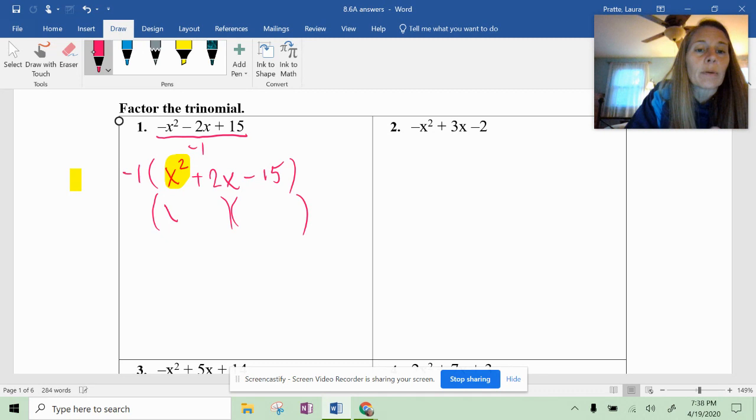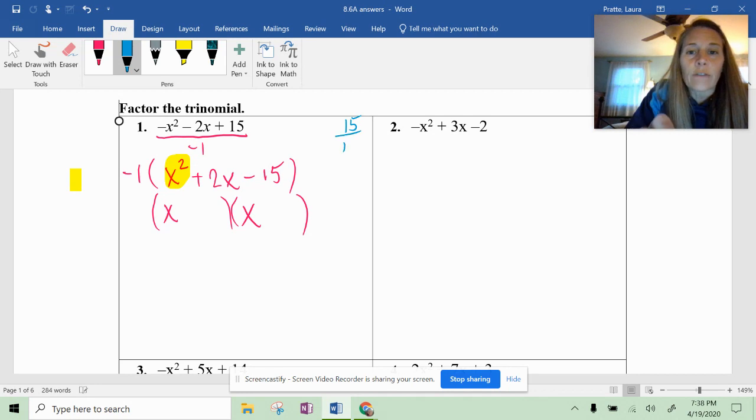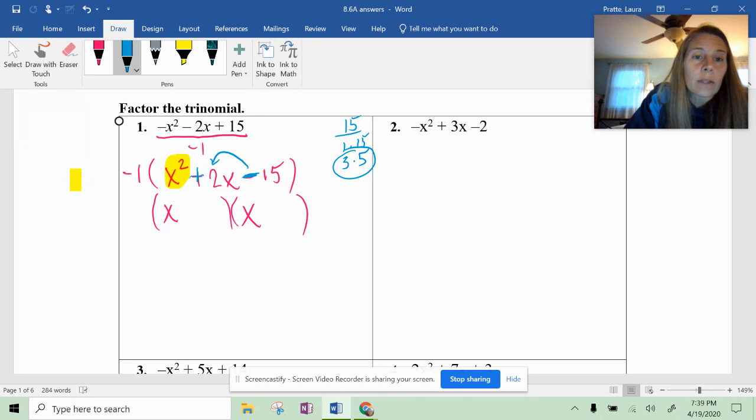So remember how we split up the x squared into x and x. Then you're thinking in your head or looking on your factor sheet for the factors of 15 that will subtract, since that's a minus sign, to get that middle number, which is a 2. So which pair is it? Well, 5 minus 3, right? Remember, this sign here always goes on the bigger number.